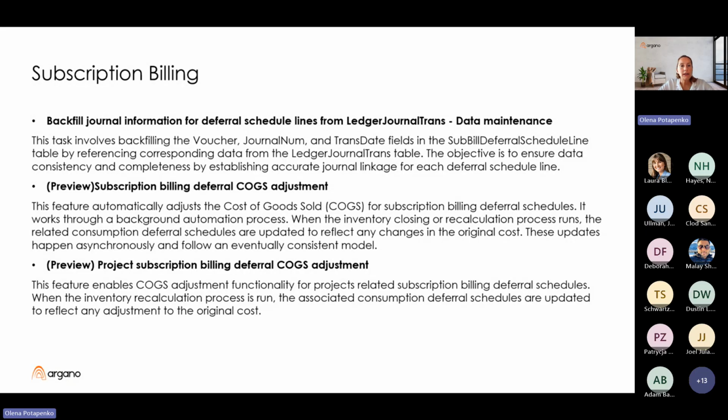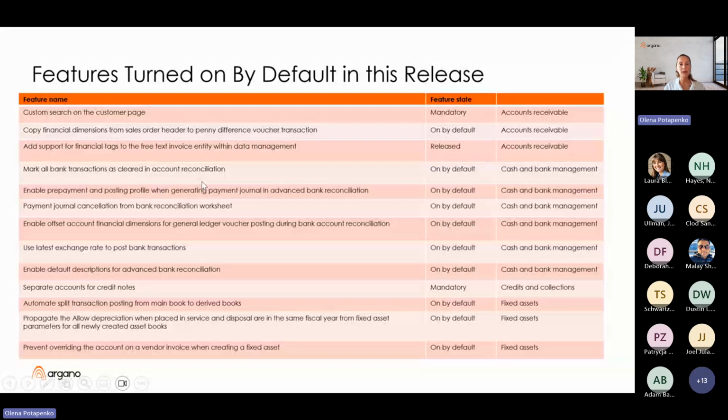I also included in this demo the features turned on by default in this release. After this meeting, you will receive this presentation. I wanted you to have this list so you can see what features were turned off by default and which features are mandatory now.